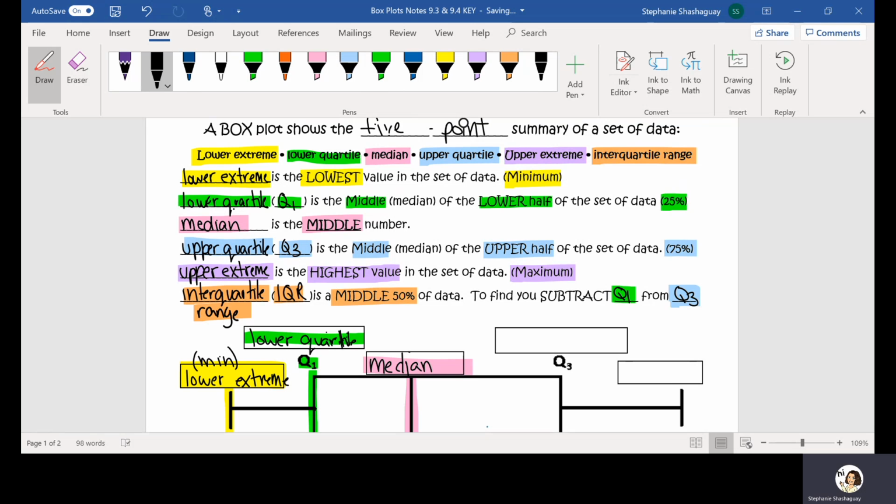Okay. Then we have our upper quartile, our Q3. And that's the middle of our upper half of data. Our Q3 is the middle of our upper half of data. And then finally, we have our upper extreme, or our maximum.